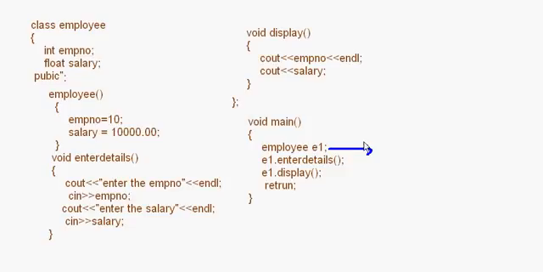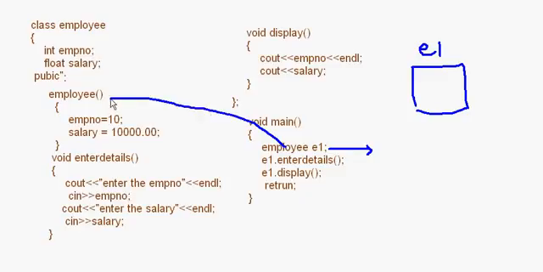Okay. So when I say employee E1, this statement creates an object E1 in your memory. This is E1, right, and this transfers the control to this employee constructor which we have put here, and this employee constructor will initialize the values of emp number is equal to 10 and salary is equal to 10,000.